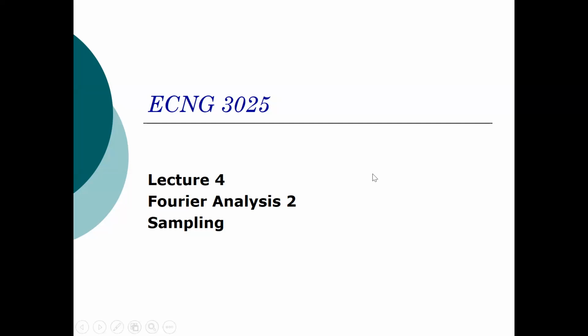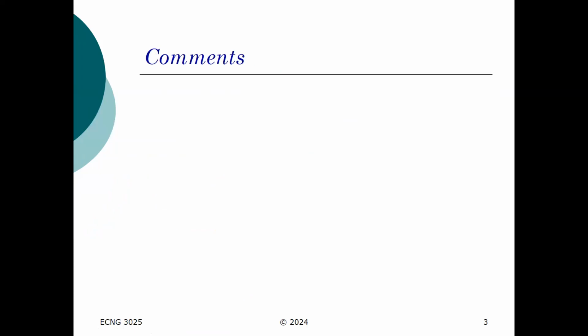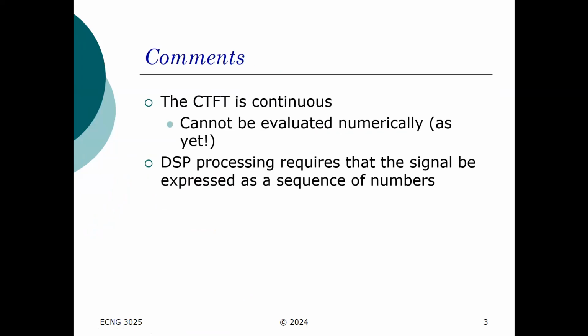So let's talk a little bit now. We need to talk now about something called sampling. What we just did allows you to go from the continuous time domain to the spectrum. We can't evaluate that CTFT as yet because we're dealing with a continuous time integral going from minus infinity to infinity.